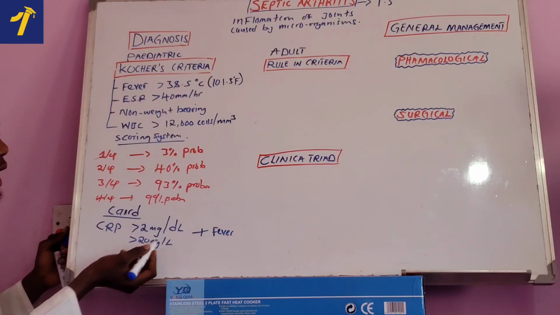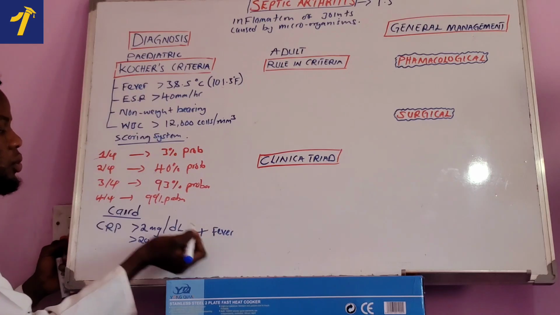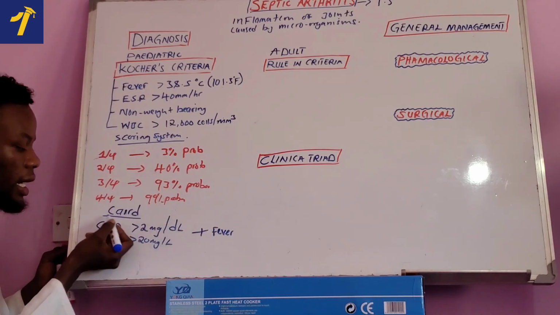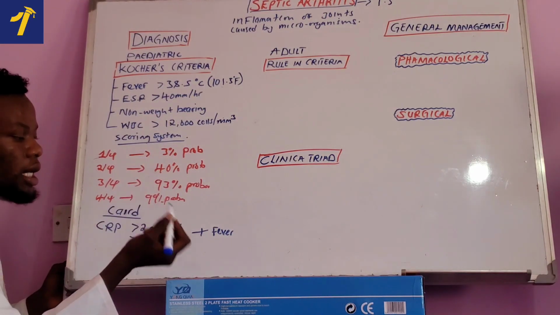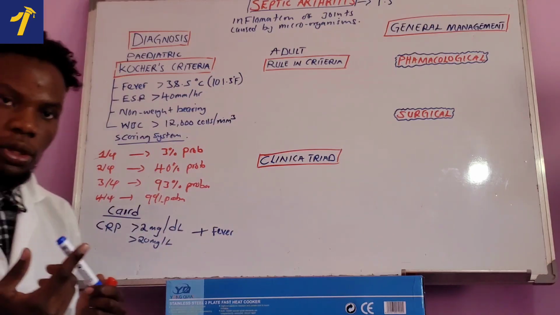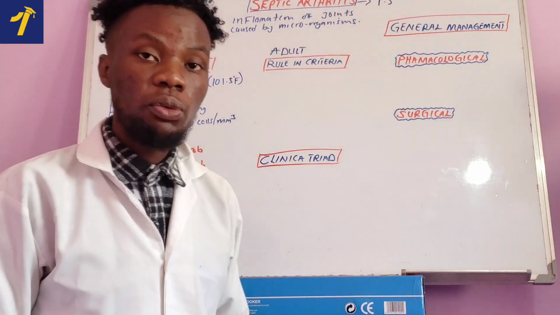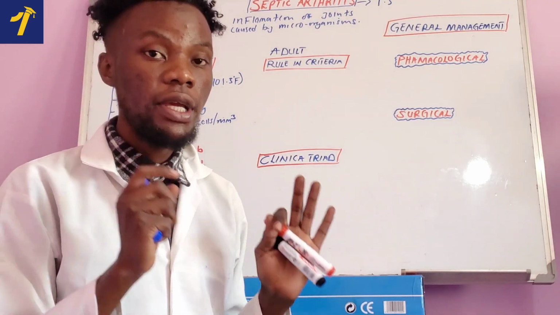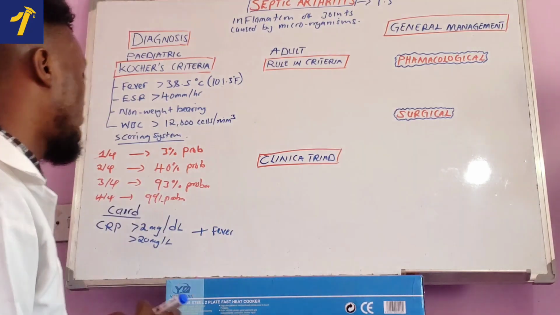Because now we have 2 factors here, this one and also this one. 2 out of 4 was 40. Now, since CRP is so sensitive, it's never going to be 40, it's now going to be 75. So if you have CRP and one of the factors above, then it will be now more than 40%. It will be now 70 to 80% probability of septic arthritis.